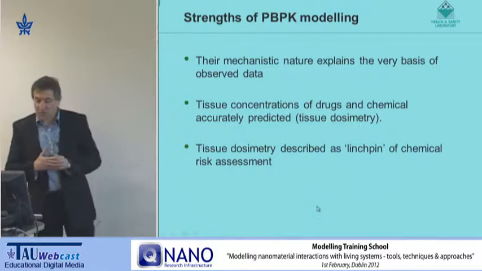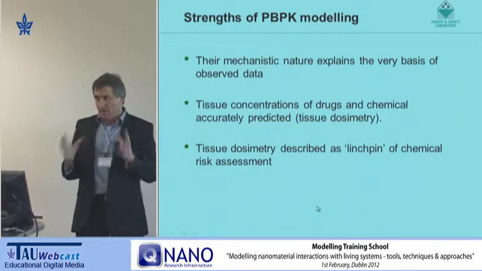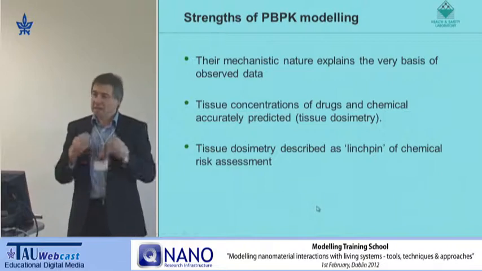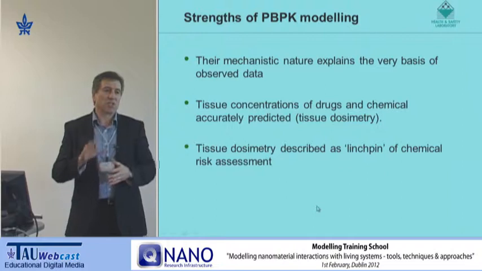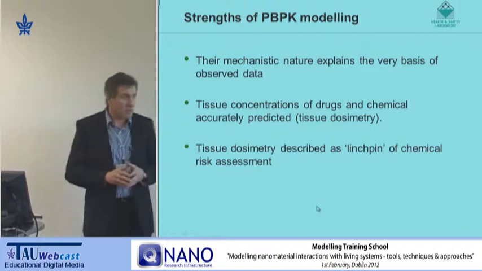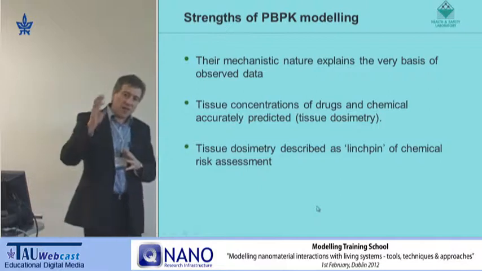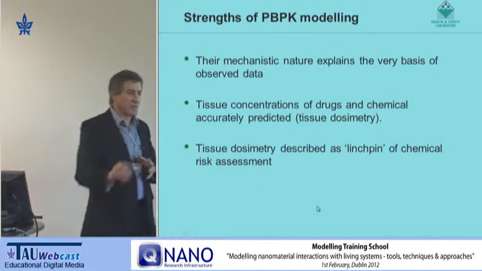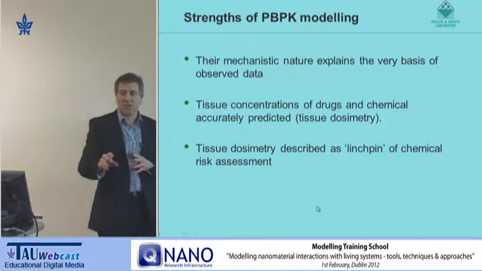So what are the strengths of PBPK modeling? Because the models are mechanistic, the mechanistic nature allows us to explain data, not just describe data. Importantly, we can actually estimate how much substance is delivered to the organs and tissues, and this is what we call tissue dosimetry.